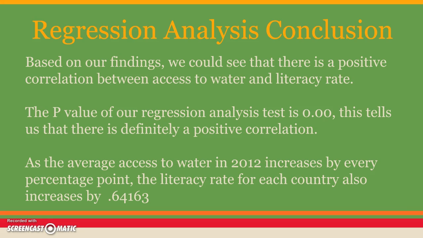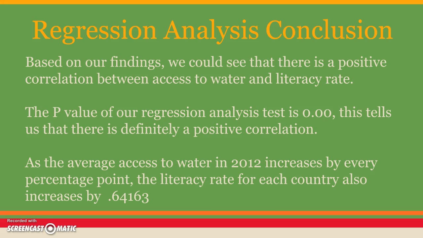So we did a regression analysis test. Linear regression slope test to see the probability that the slope is equal to 0. And the p-value of the slope equaling 0 was almost 0, which tells us that there's definitely a correlation.